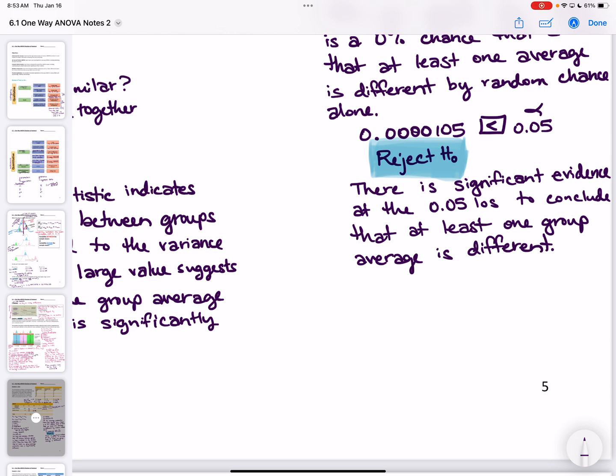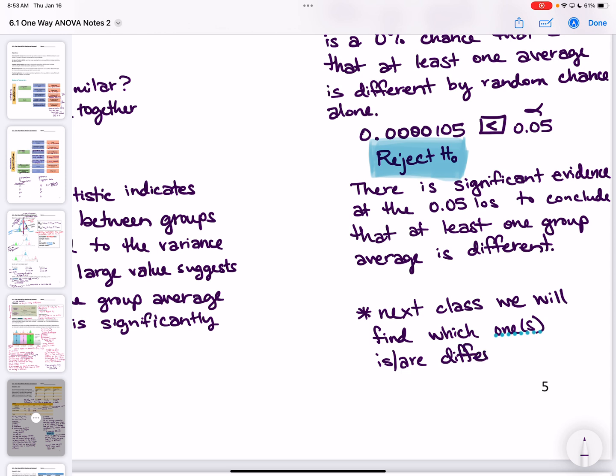So next class, I'll show you if you reject, okay? And you don't have to write this. I'm just going to write it down. Next class, we will find which one or ones are different.